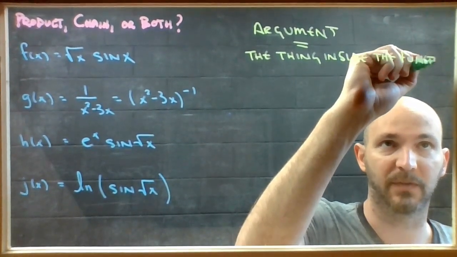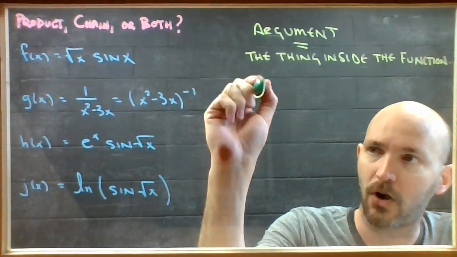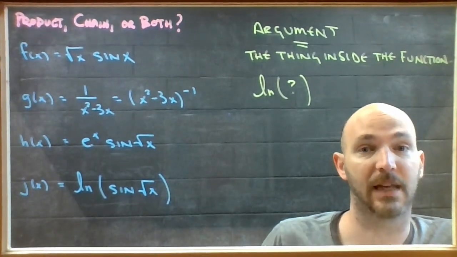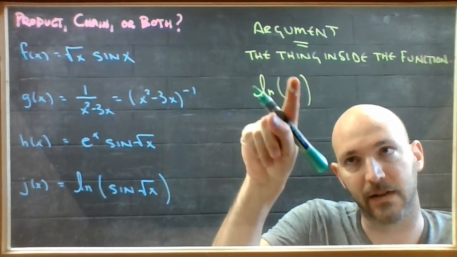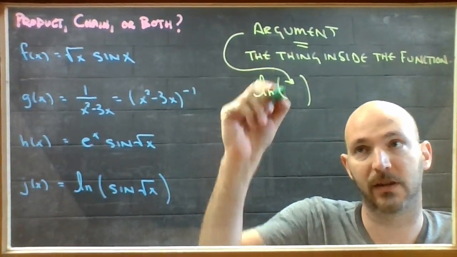You're watching me fail at trying to write and talk at the same time. So it's always ln of something. There has to be something inside that bracket, and whatever's sitting inside the function, that's the argument.